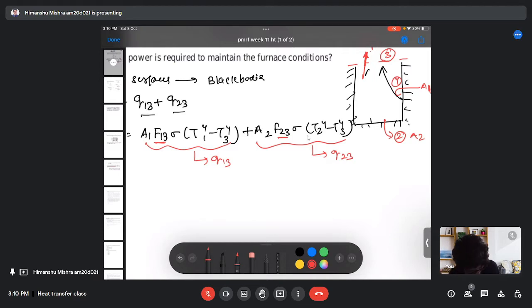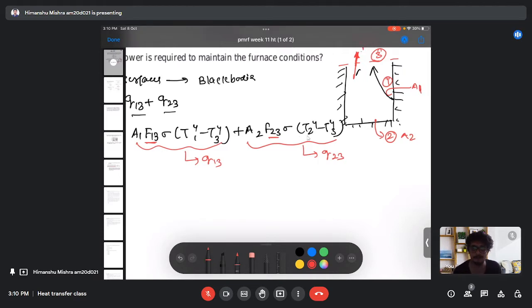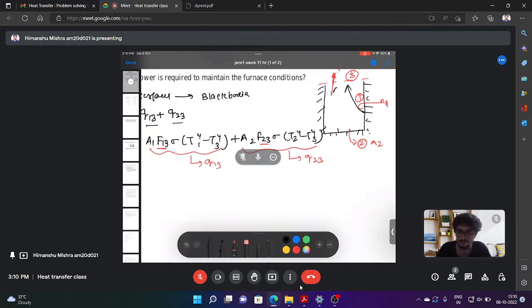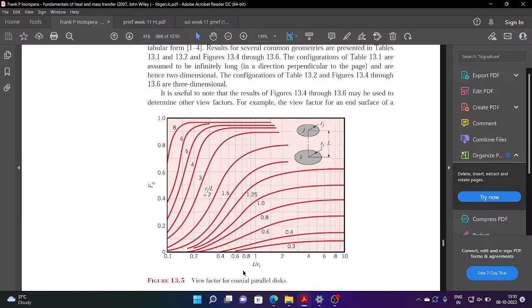So let's find the view factors from the charts. We will be using the view factor chart here. There is a chart which is usually given in various books. I am using the chart of view factor against the ratio of the sides of a given geometry.